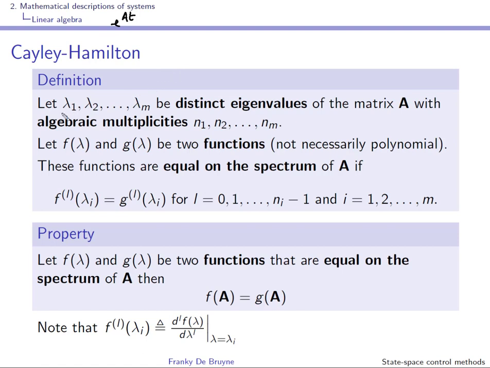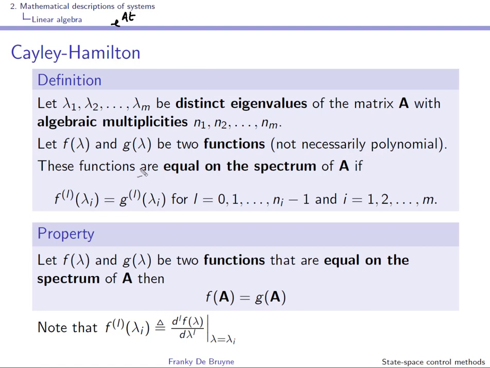So let us assume that we have a matrix A with distinct eigenvalues lambda 1 to lambda m, and each of these eigenvalues has a given multiplicity n1 to nm. Then take two functions, f of lambda and g of lambda. They are not necessarily polynomial.